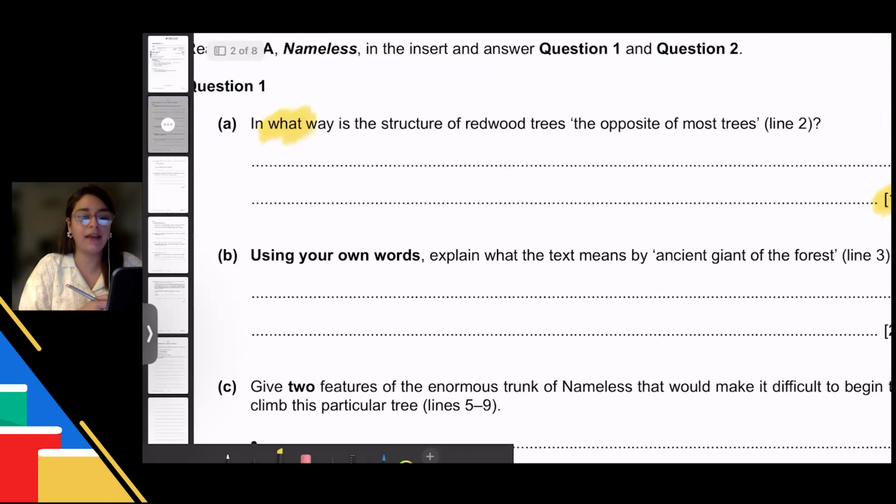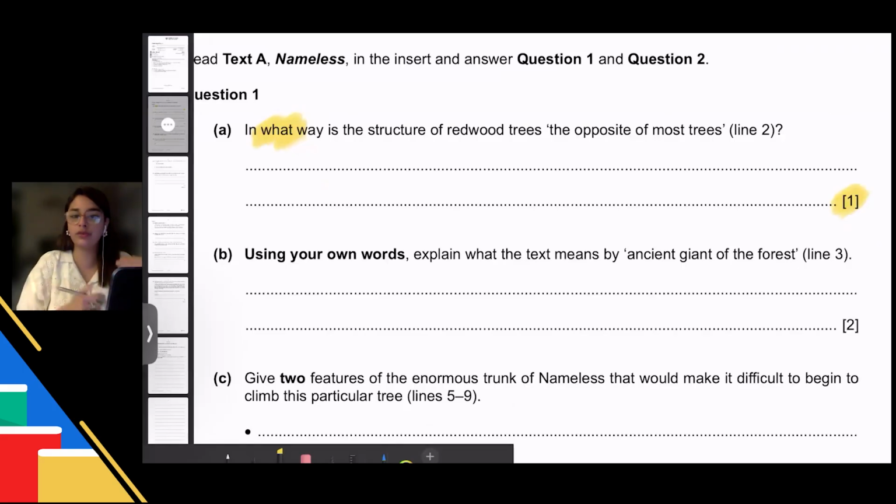The first thing that I ask my students to do is just read through the paper and highlight these keywords so that you know exactly what you need to do when you go to the passage for your answers. The second question, for example, talks about using your own words. In your own words questions, this is where the examiner is going to look for students who are able to rephrase.